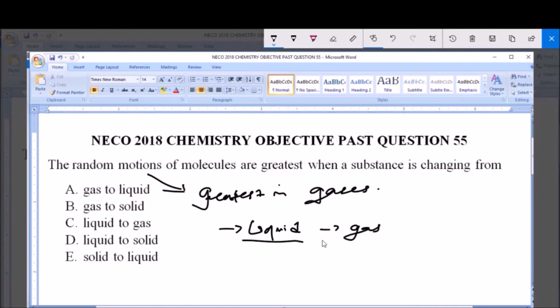So random motion of molecules is greatest when a substance is changing from a liquid to a gaseous state, because the molecules of gas are free to move about in a given space or container. So the answer to this question is option C, liquid to gas.